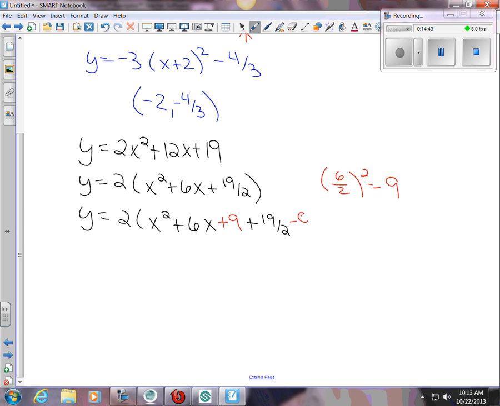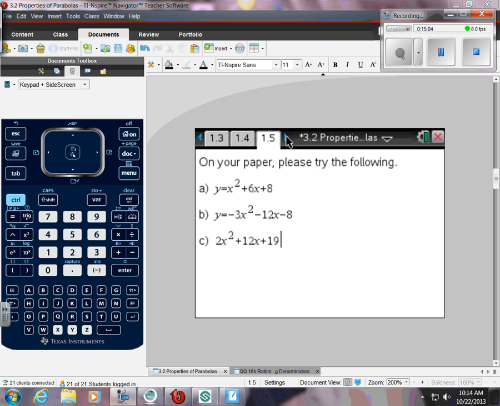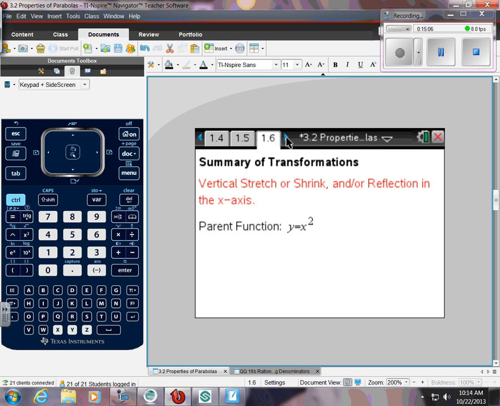And? Great. Plus 1/2. Are we okay with that? Vertex? -3, 1/2. How many people got this right? Nice job. Okay, good. No, that's as hard as it gets.